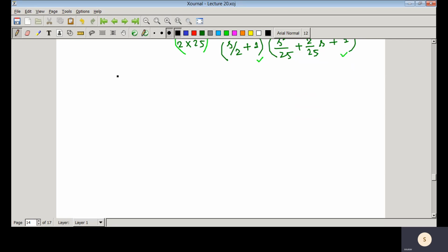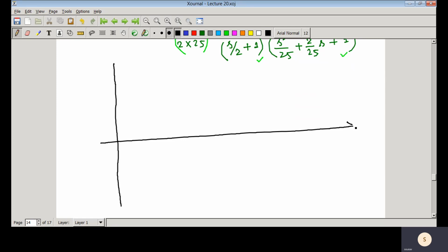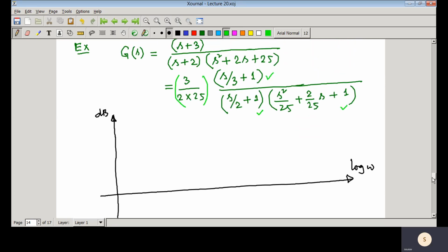Here the axis is log omega, and this is in dB. Now let us see what would be the magnitude plot of this particular transfer function.